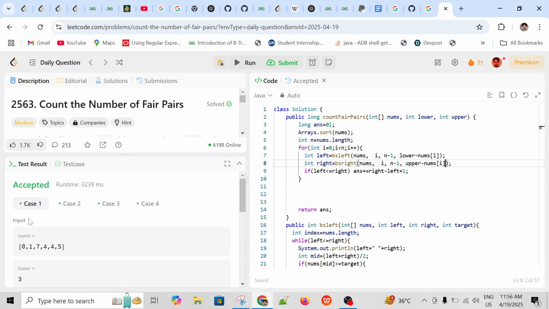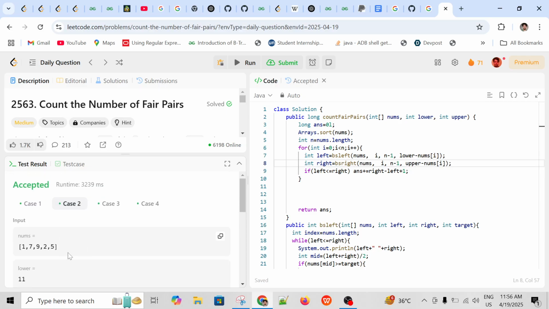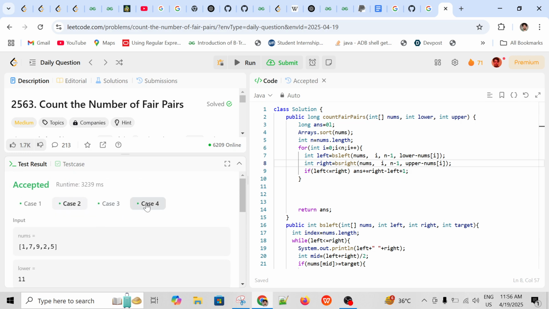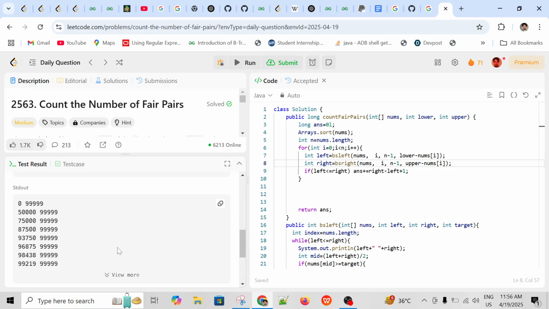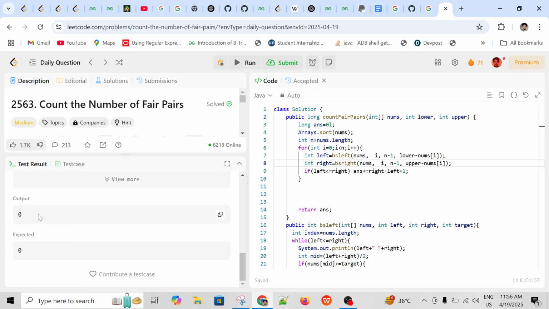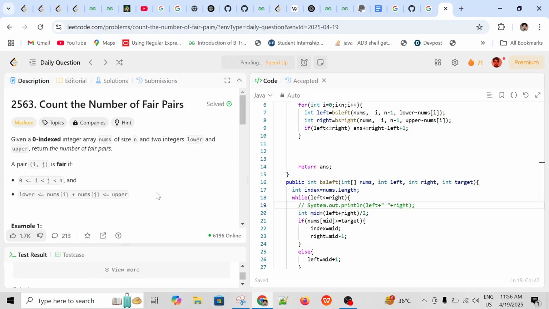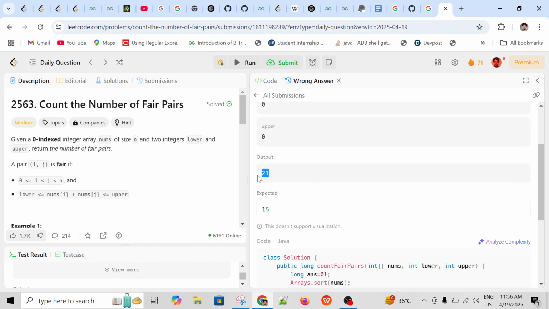So you can see that these test cases that are available here have been accepted and giving you the correct output. So this is the answer for 1 and 1, and I have added one more extra to see the TLE. So the answer is 0 and the output is 0 as well. So let me comment this line and let's try to submit it now. What is happening here? The output is 21 and it should be 15.